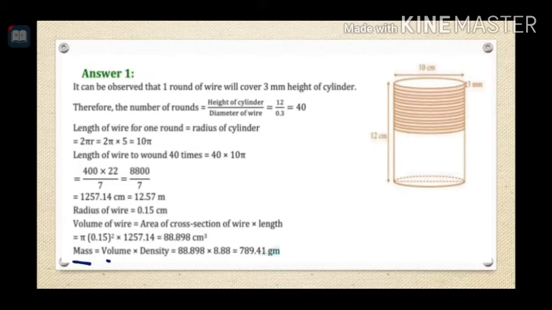Mass is equal to volume into density, and the density is given as 8.88. So just put the values of volume and density and multiply, the answer will be 789.41 gram. This is the mass of the wire and this is the length of the wire. In this way we have to solve question number 1.